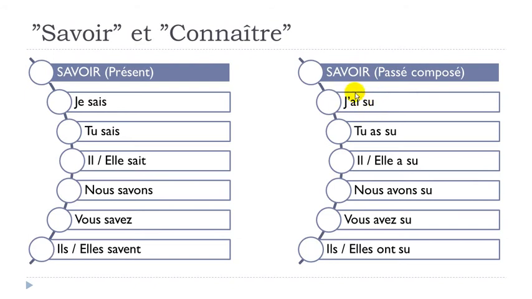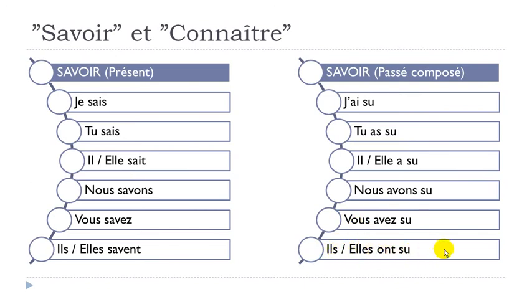Then you put first, in most of the cases, the verb avoir at the present form, and then you put the participe passé form. The participe passé form for savoir is su, so it doesn't change. That's the reason why you will put it right here after each form. So, j'ai su, tu as su, il a su, elle a su, nous avons su, with a little liaison here, vous avez su, same thing here. Ils ont su, little liaison between the two.